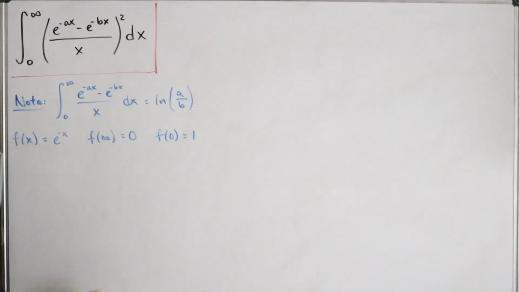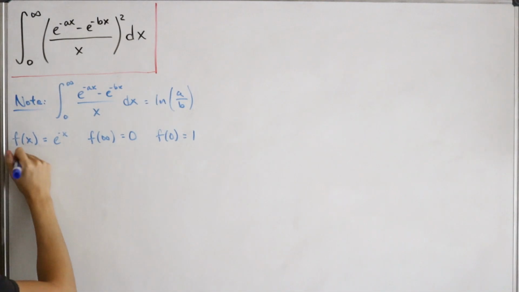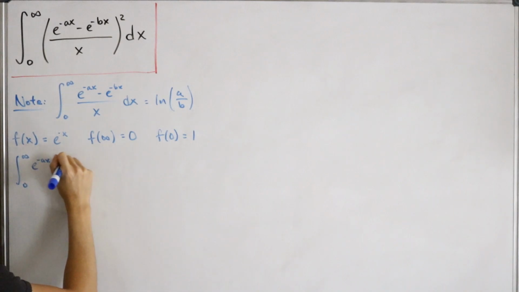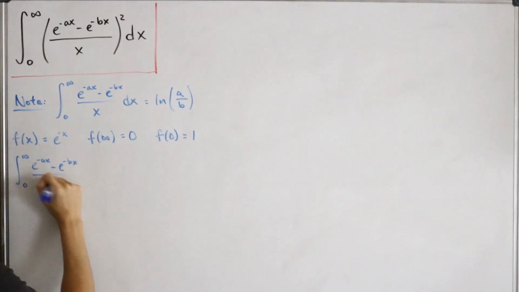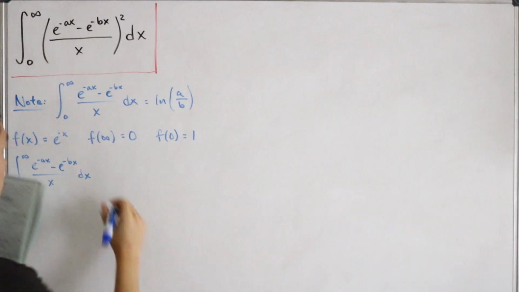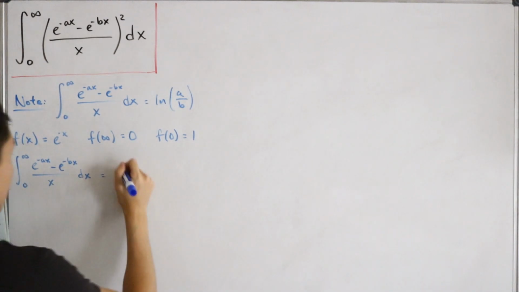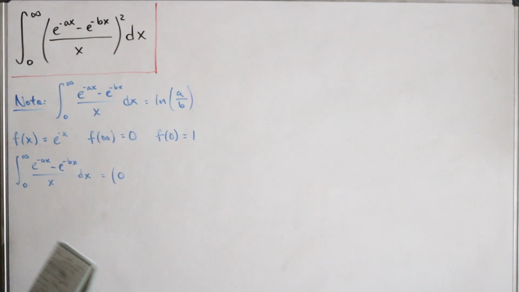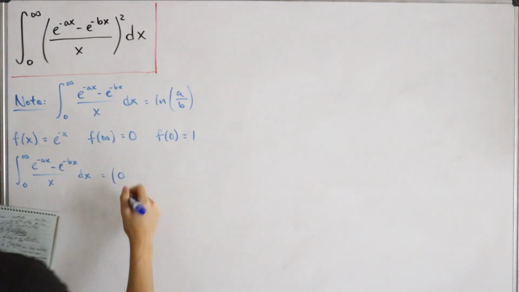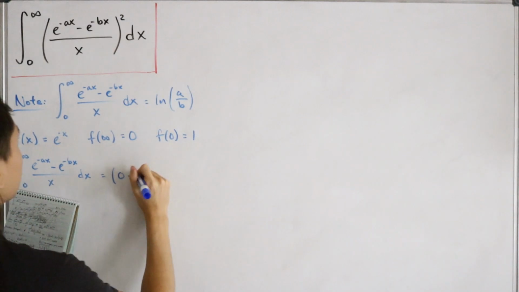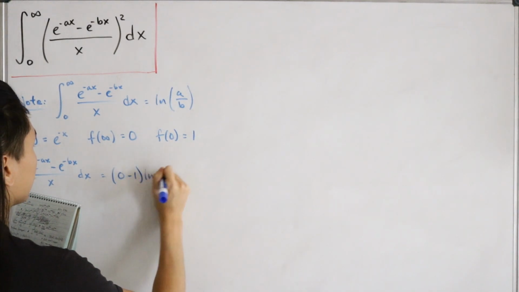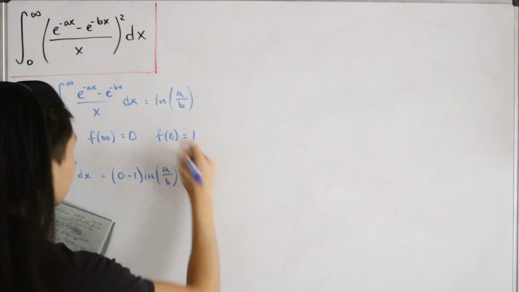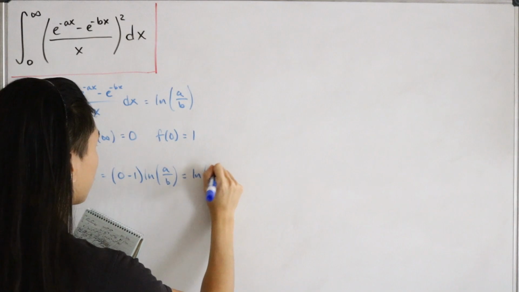And then if I plug everything back together, 0 to infinity of e to the negative ax subtract e to the negative b times x divided by x dx, utilizing that definition of what the Frullani integral states, we have that this is f of infinity, which we said is 0, or rather I should say f approaches infinity to that extent, then subtract f of 0, which is 1, and then multiply by ln of a divided by b, which simply is equal to the latter above, ln of a divided by b.